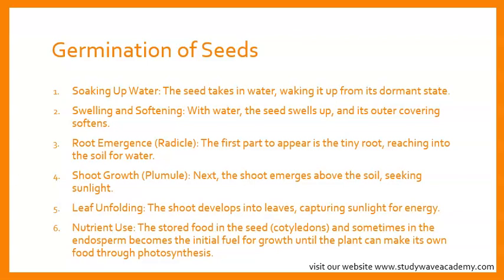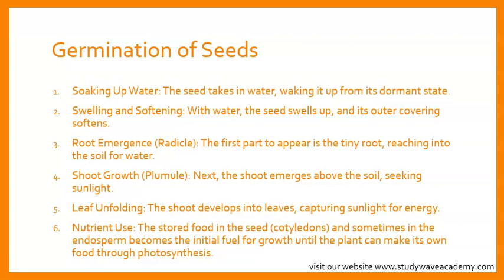After the tiny root pops out, the shoot says hello. It comes out saying hello above the ground, reaching for sunlight, okay? Leaf unfolding. The shoot develops into leaves, capturing sunlight for energy. The shoot turns into leaves, like opening a book to capture sunlight.